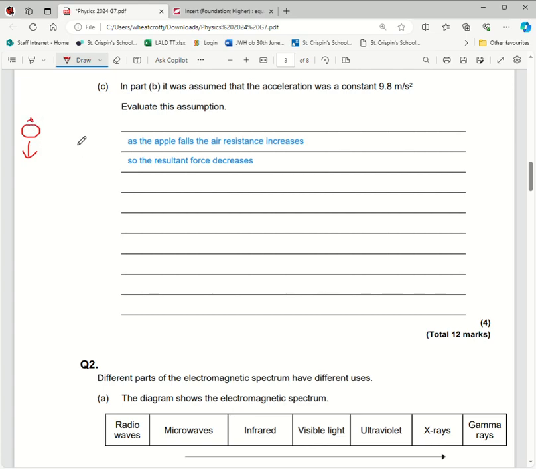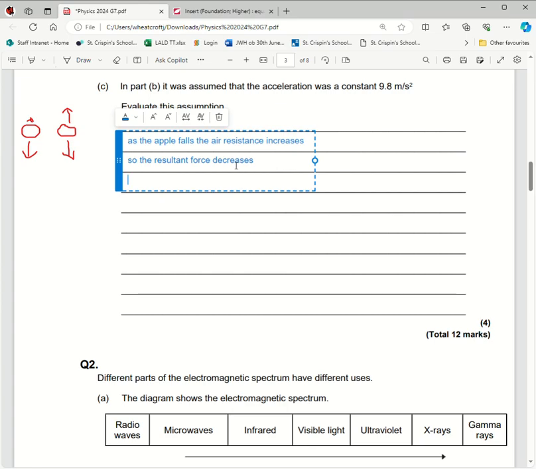However, as the apple accelerates more and more, it still is going to have the same weight going downwards, but now the air resistance upwards is starting to get bigger as the apple gets faster. So if the air resistance is getting larger, this resultant force, which is the overall force on the apple, starts to decrease. So it still is downwards, but it's not as big as it was. If there's less of a resultant force downwards, this means the acceleration downwards is lower.